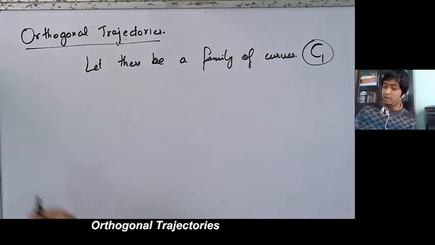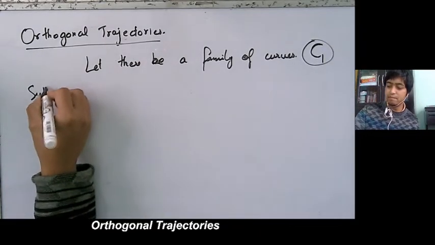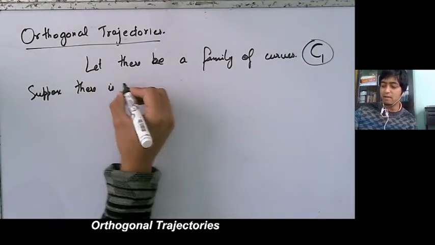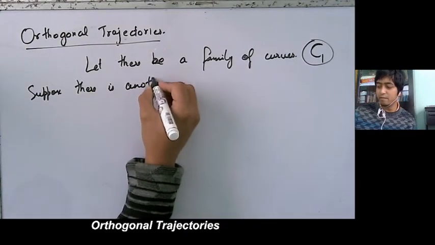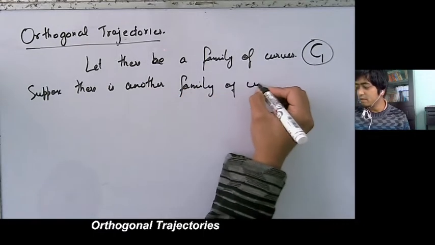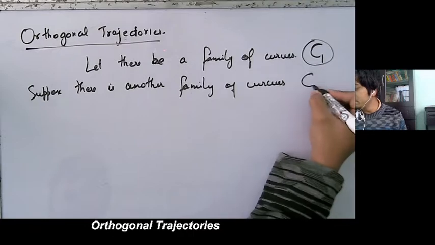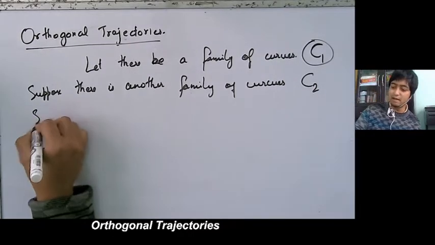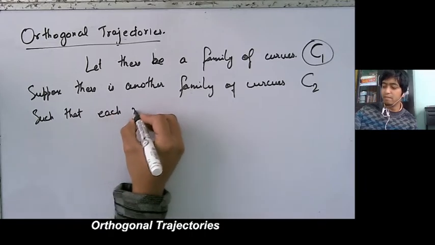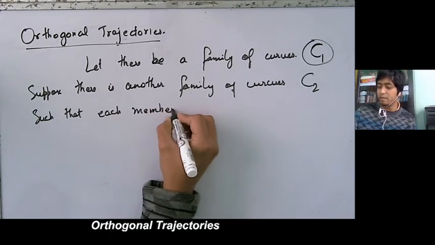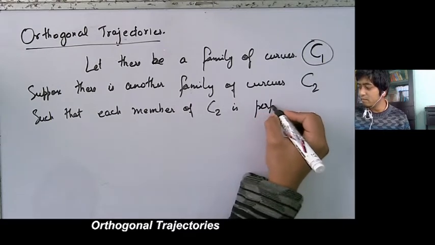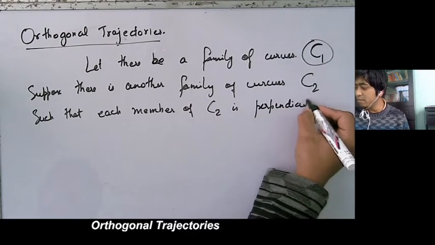Suppose there is another family of curves, C2, such that each member of C2 is perpendicular to each member of C1.